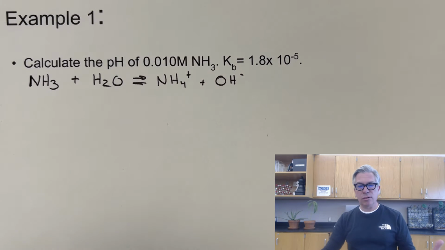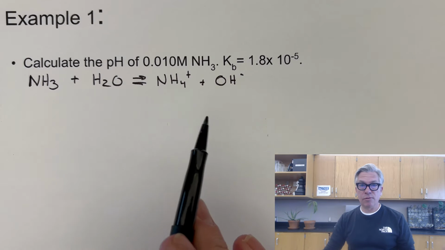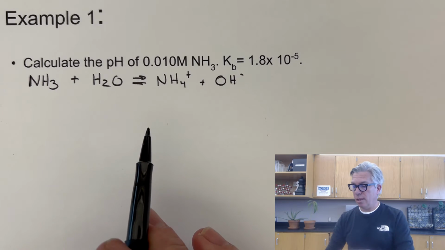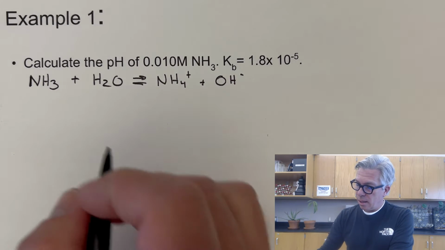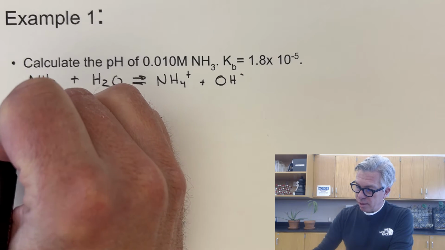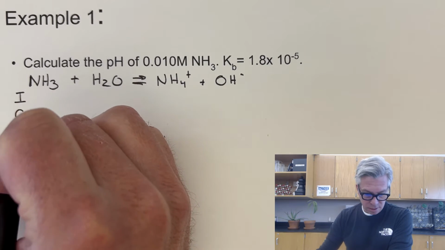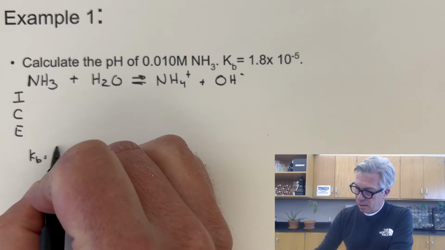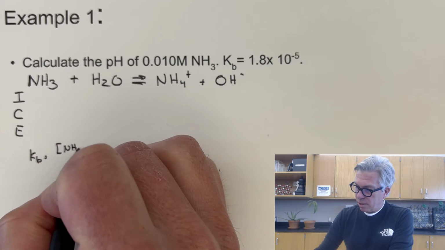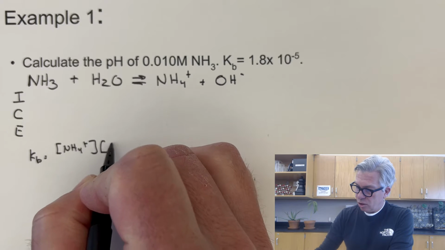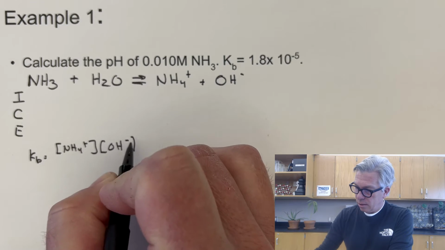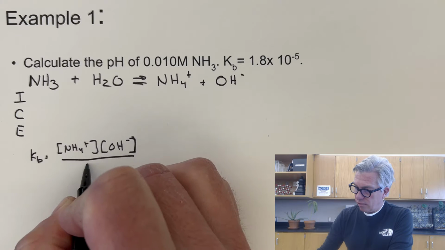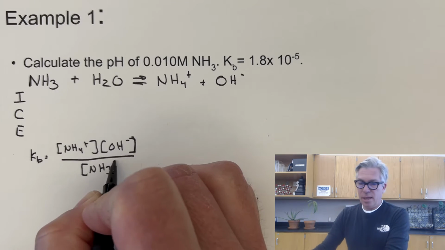That's our equation for this one, following the general rule on the other slide. Because it's an equilibrium, I'm going to have to put an ICE table down. And my Kb expression, let's just write it, is the concentration of NH4+ times the concentration of OH- over the concentration of NH3 at equilibrium.